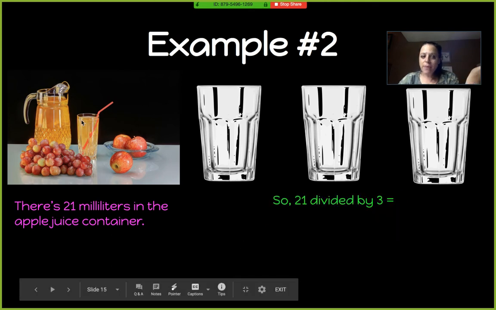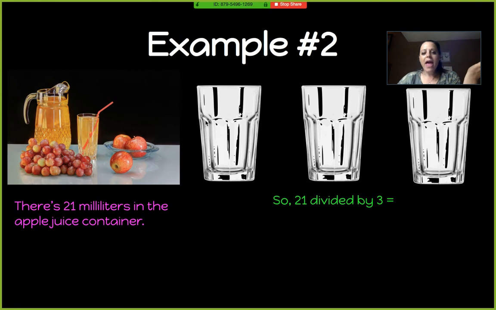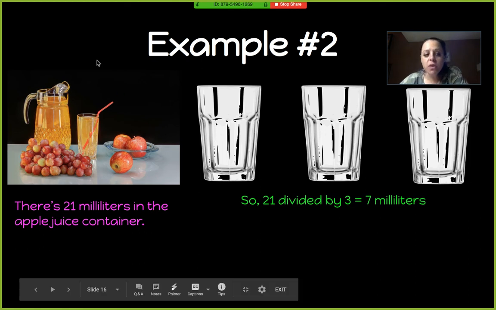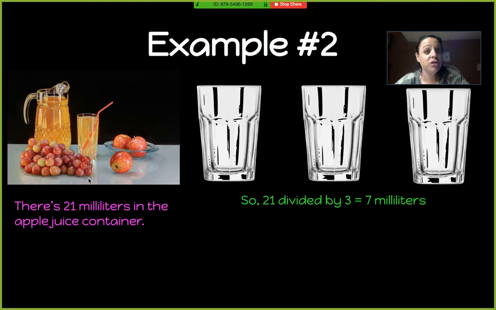So I'm just going to take 21 and divide it by 3, which if you know your math facts, you should get 7. So each glass would hold 7 milliliters of apple juice. So guys, visualizing that problem is what's going to really help you to understand it, and then you'll know how to solve it.